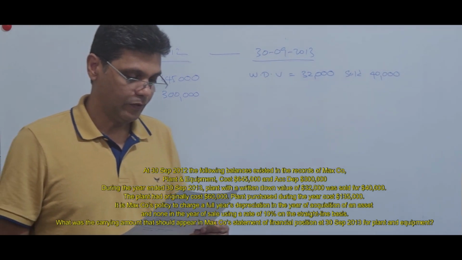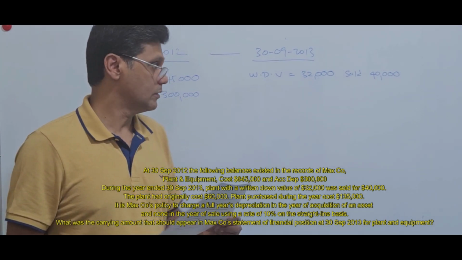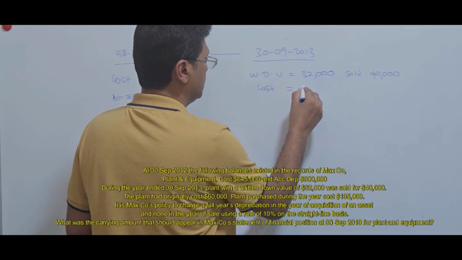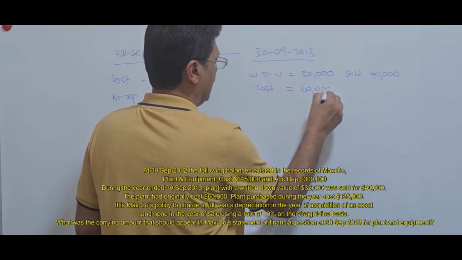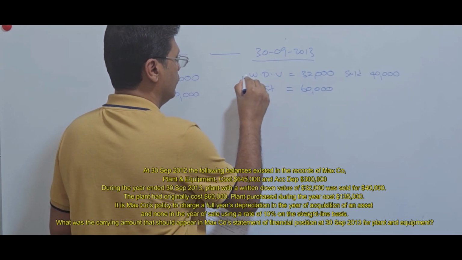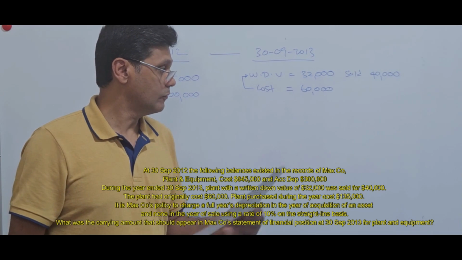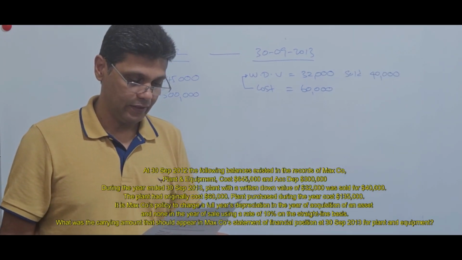The plant had originally cost 60,000. So the original cost was 60,000, and the written down value of that particular plant was 32,000, which was sold for 40,000.